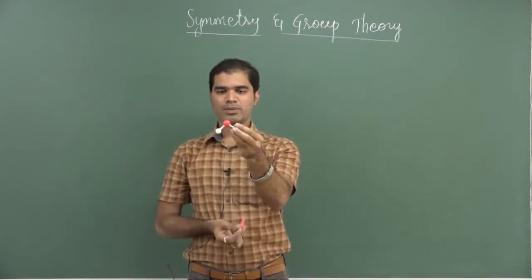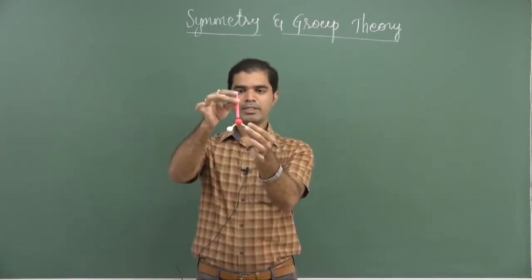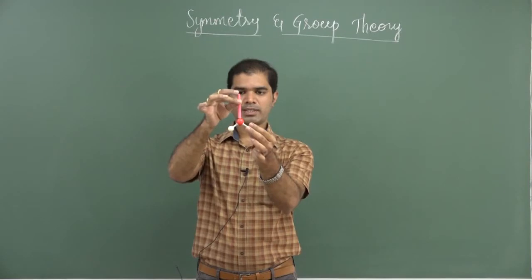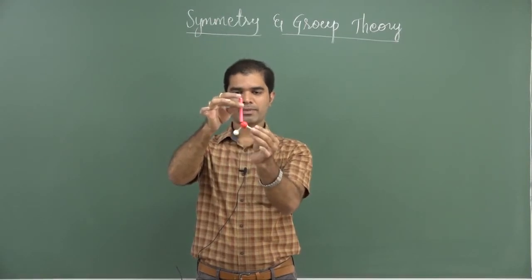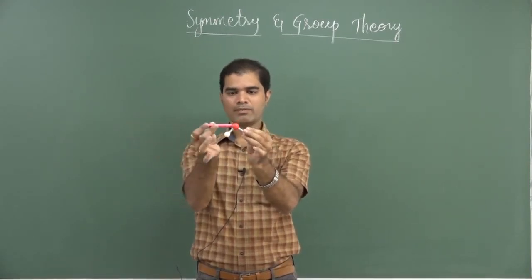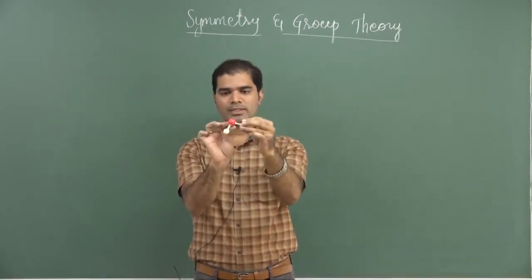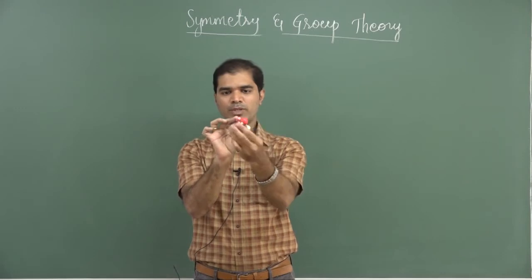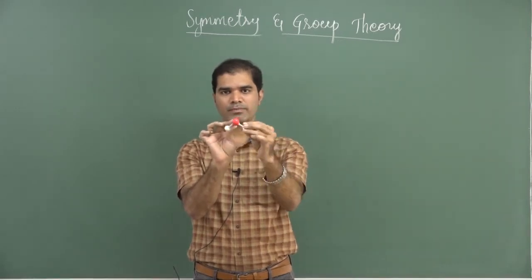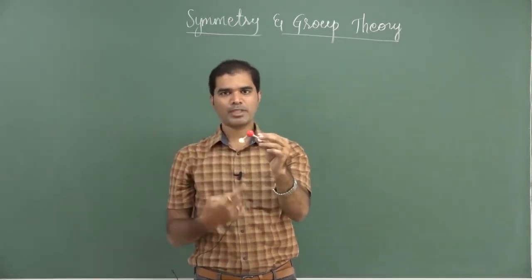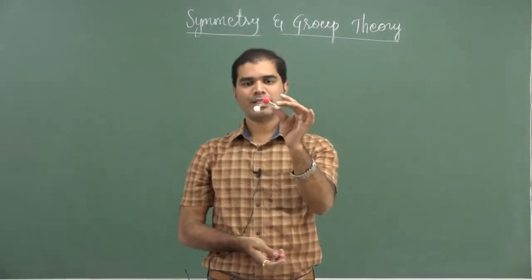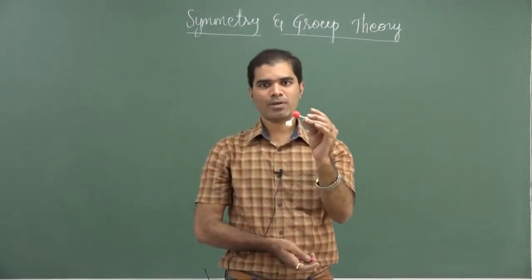So when I ask you to operate a rotation, you try to pass an axis along z and rotate. Or you may pass along y, or along x, and rotate. Some could be in-plane rotations, some could be out-of-plane rotations. As you perform these operations, you have to check whether the given molecule is symmetric or not.